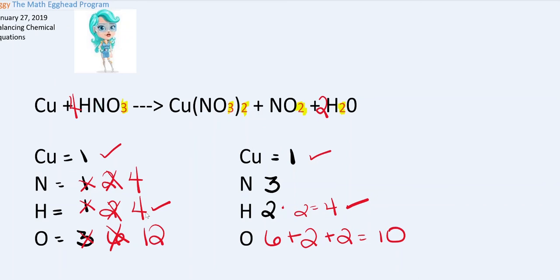Well, I see that nitrogen is not balanced. And when I'm looking at the product side, I see that nitrogen is in nitrogen dioxide and then copper 2 nitrate. Well, I don't want to touch anything that's going to start making my other atoms or my other molecules unbalanced.